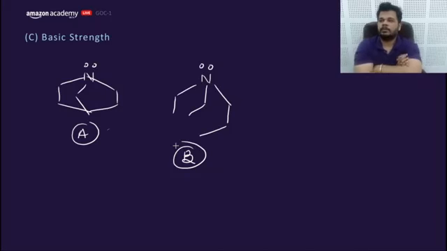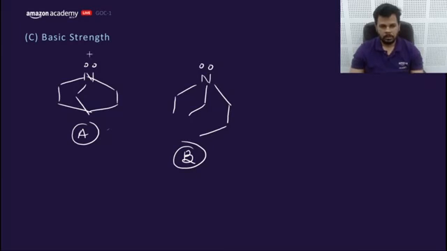AU says A. And what is the reason? CH says B. B is sp2, bridged.